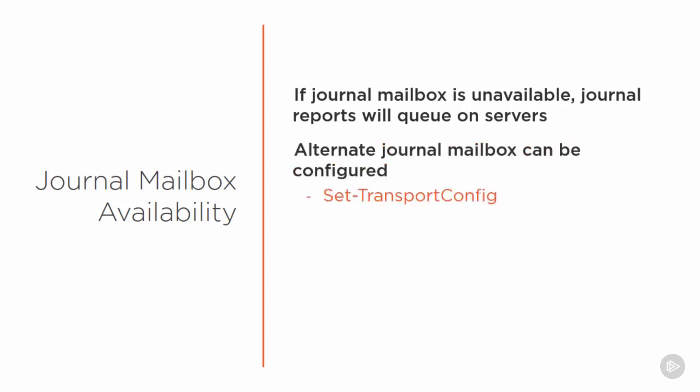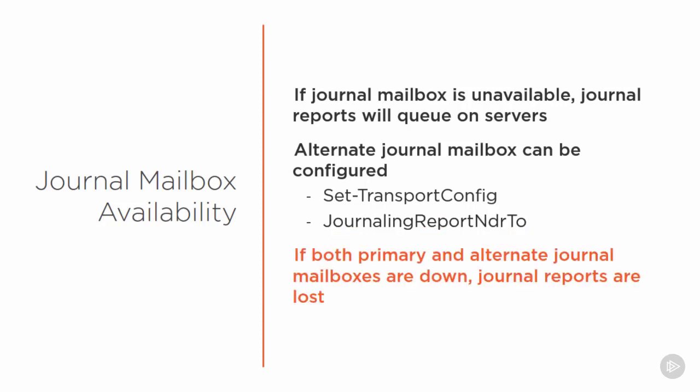You can configure this by running the Set-TransportConfig cmdlet to set the JournalingReportNdrTo property. Now, that's not an automatic solution that you should just go ahead and configure in every case. If the primary journal mailbox is unavailable, and you've configured an alternate journal mailbox, and it too is unavailable, the journal reports won't queue anymore, they'll just be dropped and lost forever.